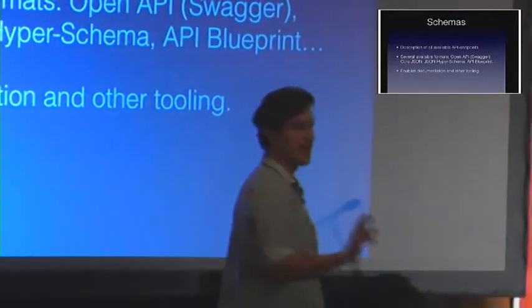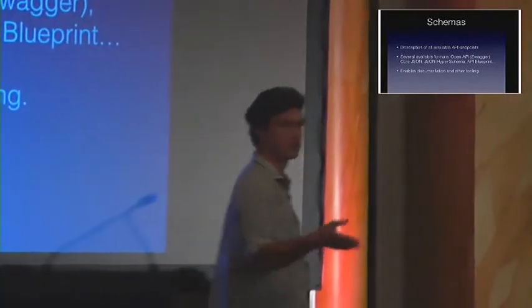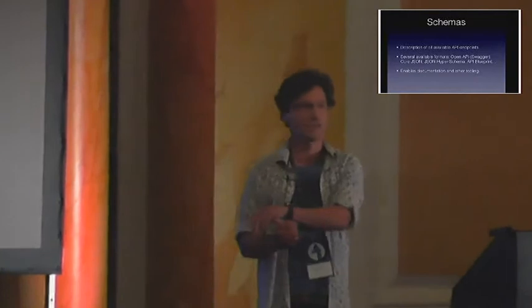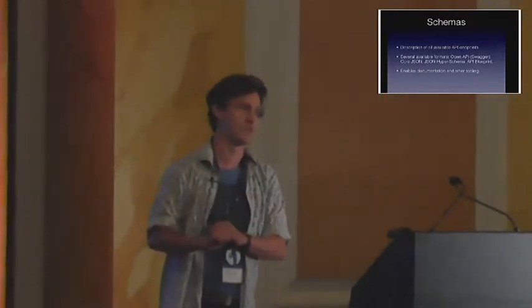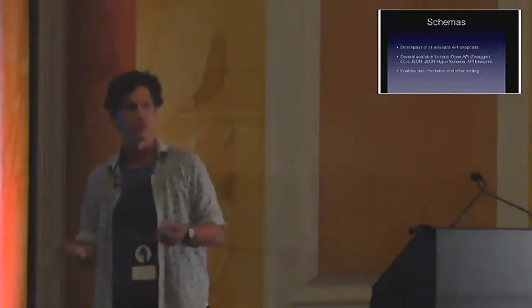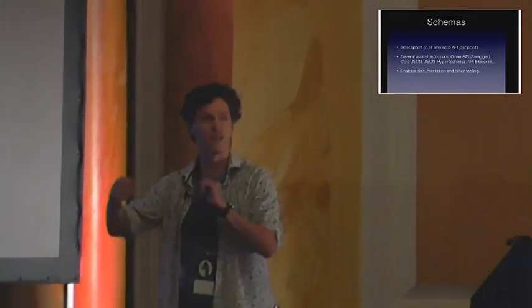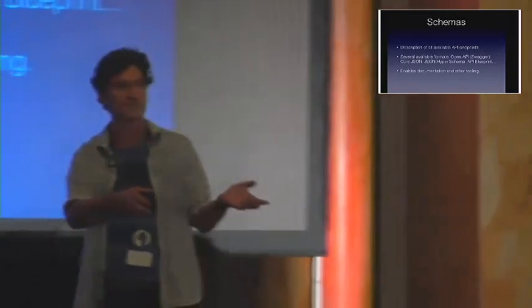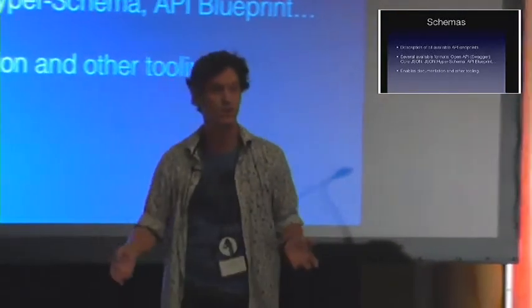For each of those endpoints, we're going to want to describe various things, such as, does this endpoint accept any parameters? If it does accept any parameters, how are they formed? Are they in the query parameters of the URL? Are they part of the URL itself? Or are they in the body of the request?